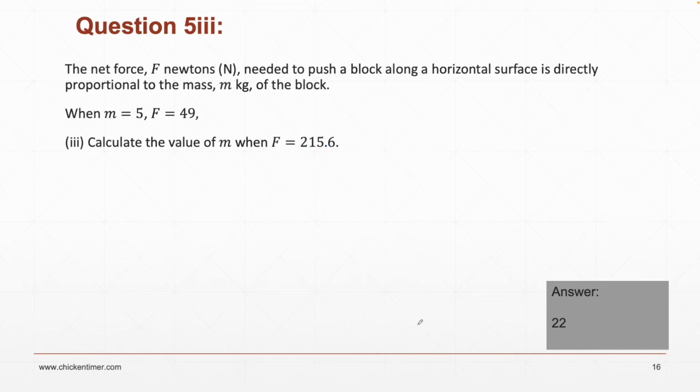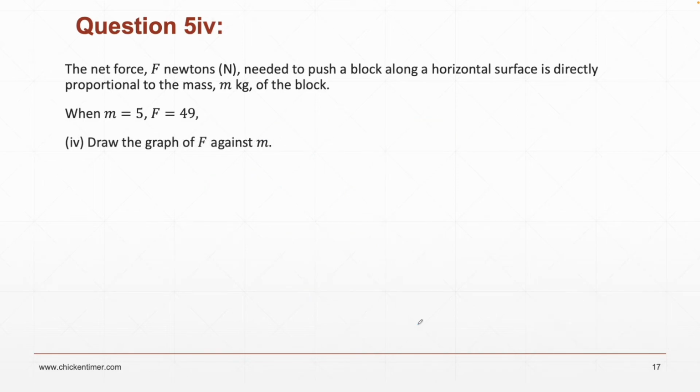Then let's go to the final part. The final part requires me to draw the graph of F against m. We know that F is 49 over 5m, so F is directly proportional to m.